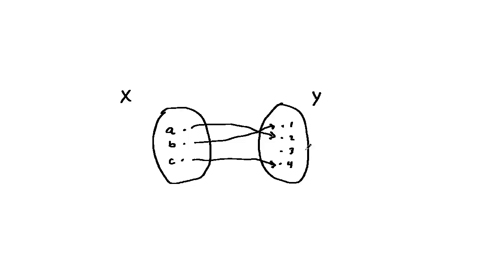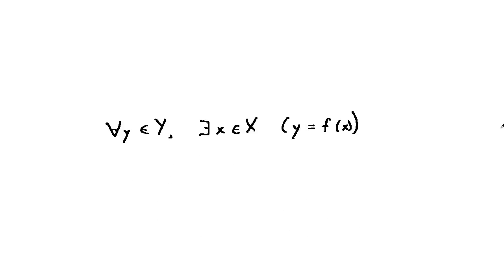This function is not onto because 3 doesn't have any element in X being sent to it. The formal definition of the onto property is: for all y in big Y, there exists a little x in big X such that y equals f of x.